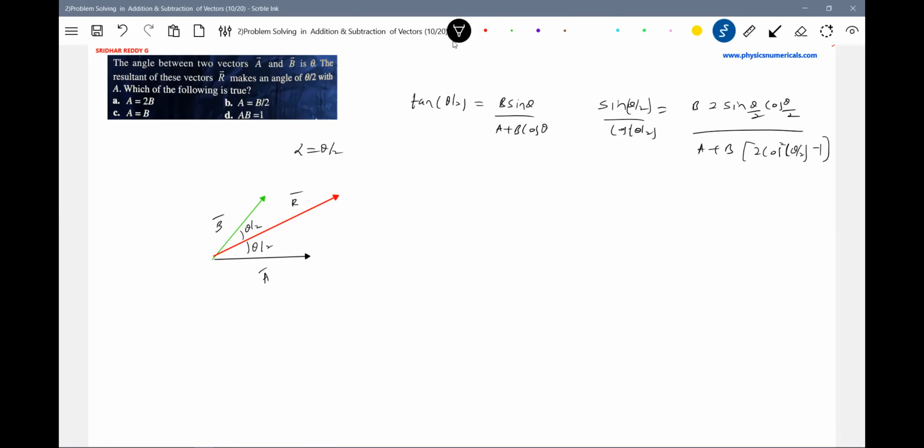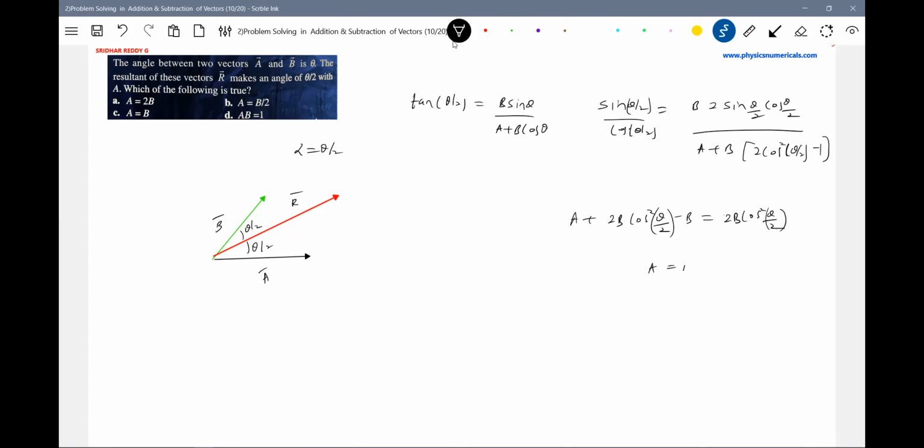So this will end up with, we wanted a relation between A and B, no? A plus B. Two cos square theta by 2 minus B is equal to 2 cos square theta by 2 times B. Here we'll write 2B, and this is 2B.